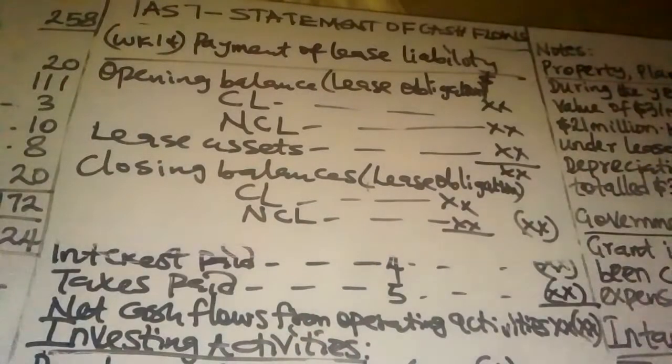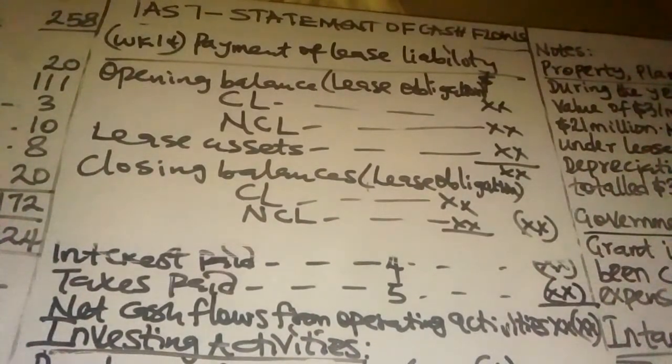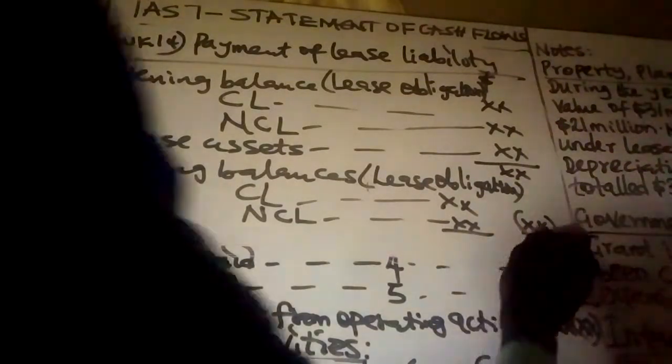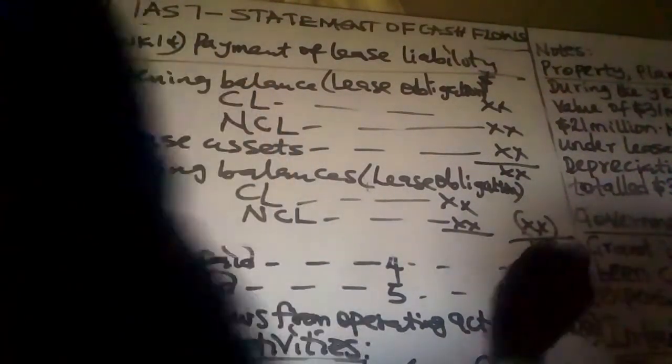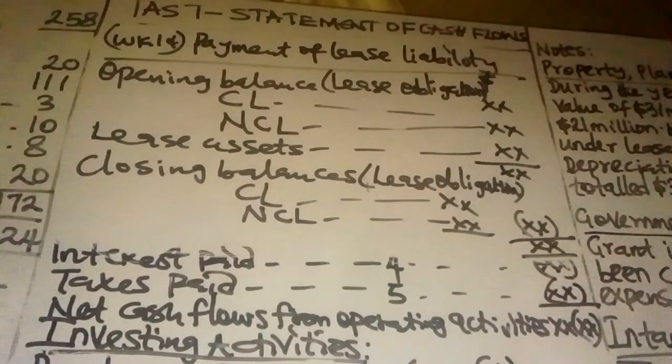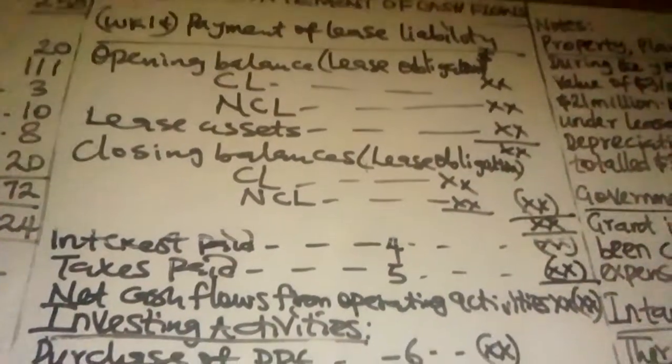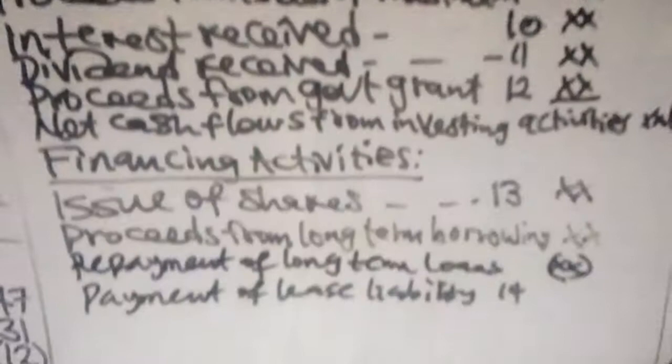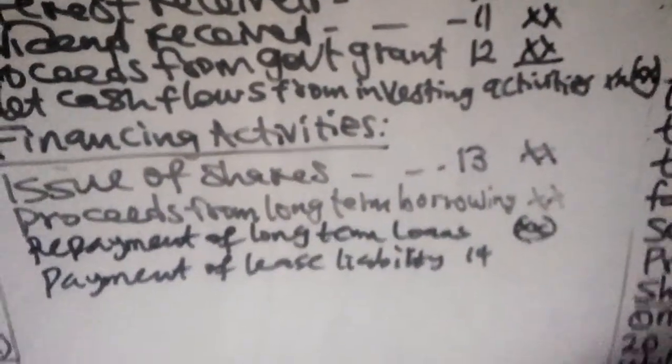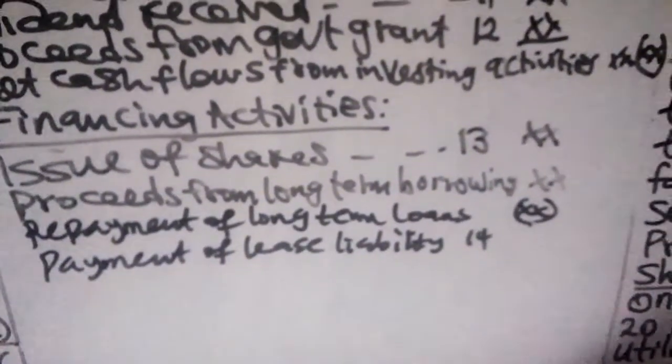After deducting the closing balance, you arrive at the lease payment. This lease payment, you are going to bring it down and report that as financing activity. It's an outflow of cash.